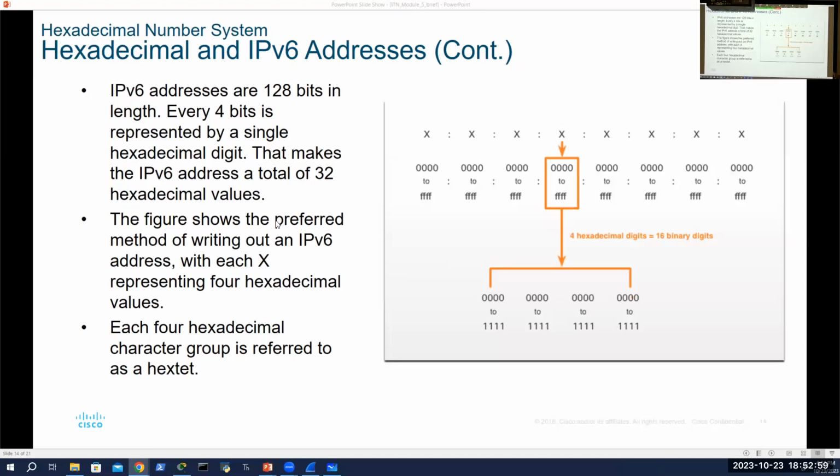So, they're big, long, ugly addresses. Thankfully, we hardly ever have to deal with the last 64. This is the last 64. The last 64 bits of an IPv6 address is called the host identifier. And it usually just comes from the machine.